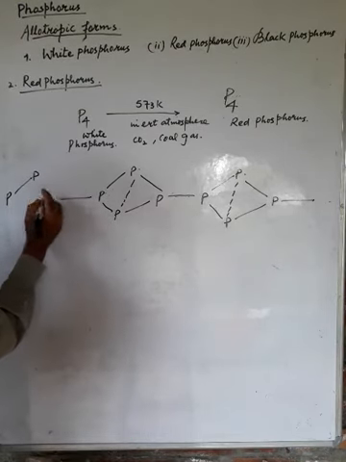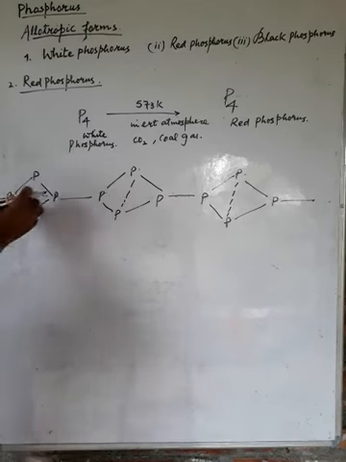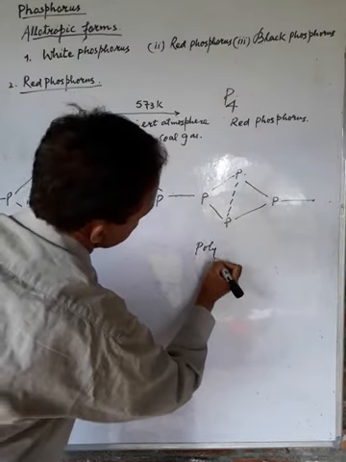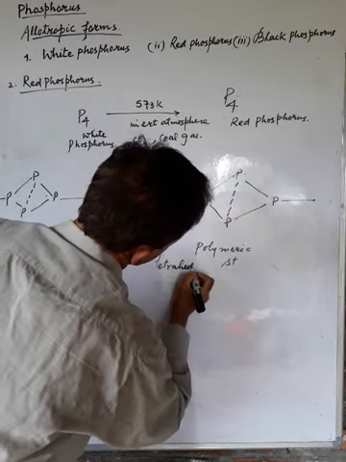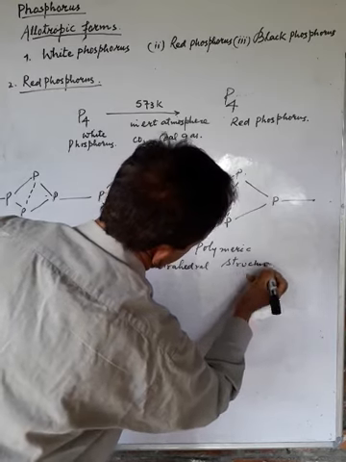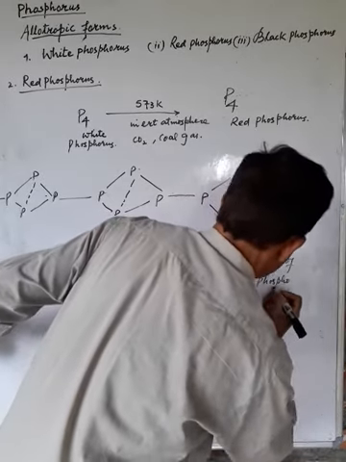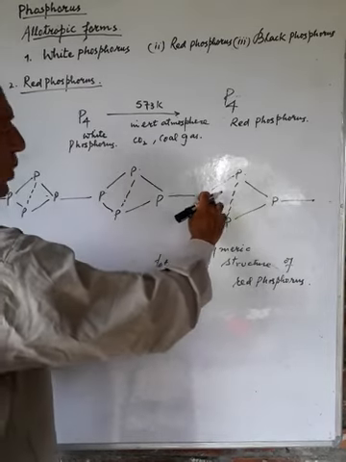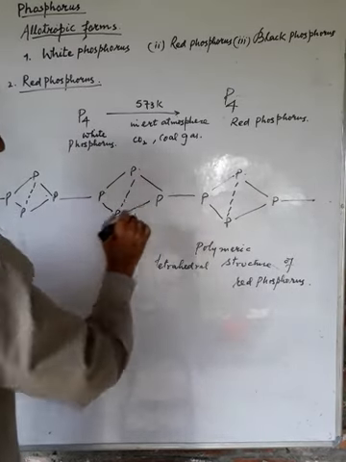In this polymeric structure, the phosphorus atoms in each P4 molecule are linked by covalent bonds, and one P4 molecule is linked to the other by a covalent bond.